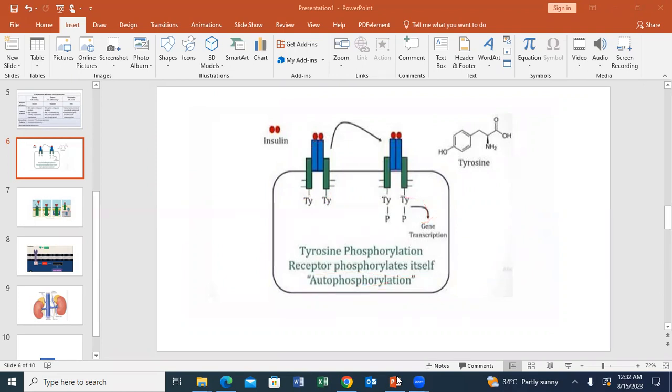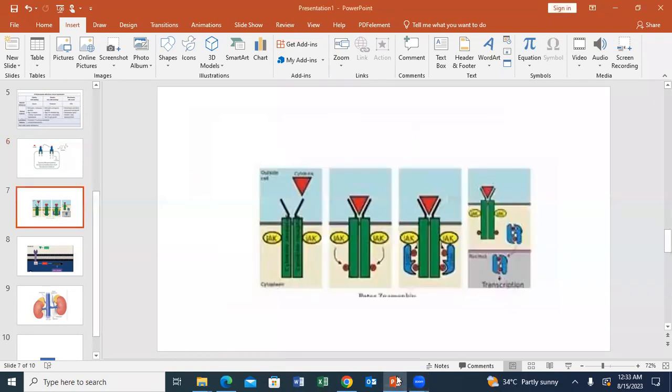So this is basically the tyrosine kinase receptor, because by tyrosine kinase we mean an enzyme which phosphorylates tyrosine, right? This is a tyrosine kinase receptor in which the receptor itself is phosphorylating a tyrosine. There can be other situations, have a look at this diagram. Here we do have a tyrosine kinase, but the phosphorylation of tyrosine is not occurring by the receptor itself.